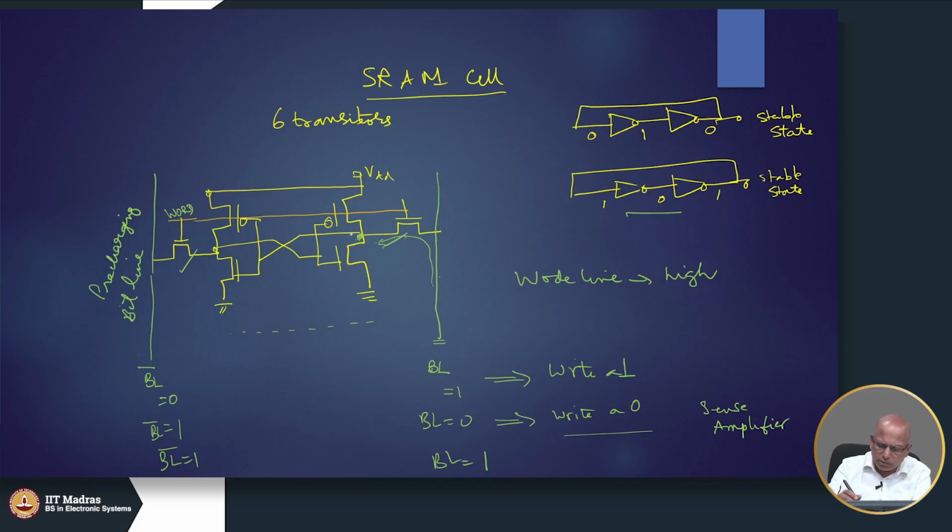Similarly, if this was 1 and we applied a 1 here, and this had a 0 and we applied a 1 here, you will find that this guy will try to discharge, and there will be a small drop in the potential of BL bar, which can be sensed by the sense amplifier.